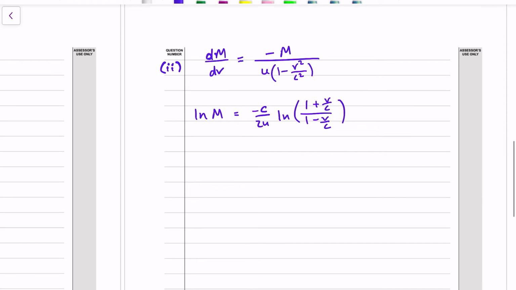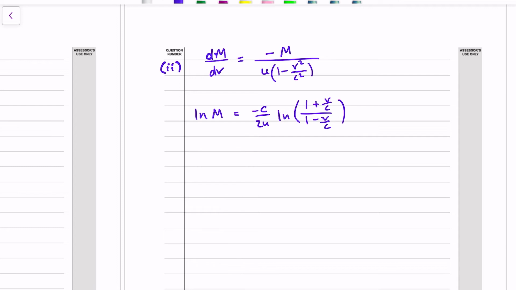Okay, so that's an implicit solution because m is not the subject of it. We could take the e of both sides to turn it into m equals and then differentiate. But I think it's written in this form because implicit differentiation is a little bit tidier with it.